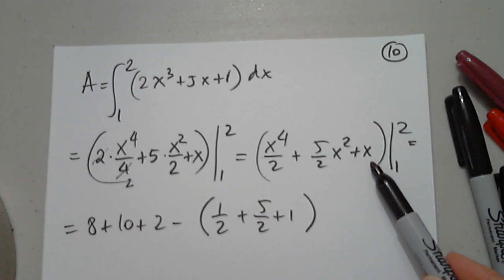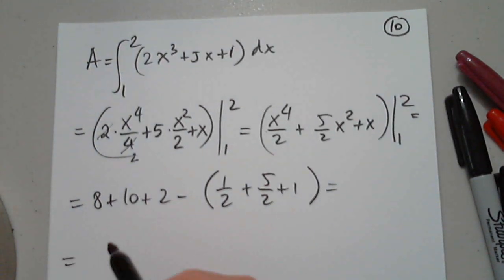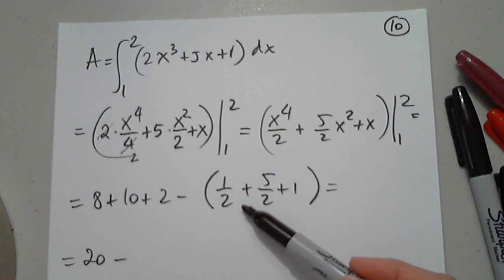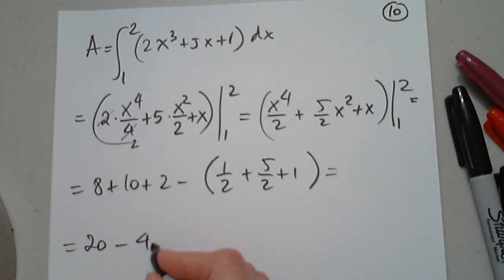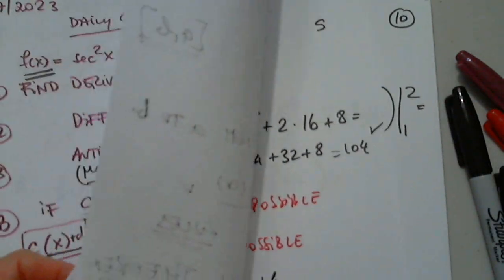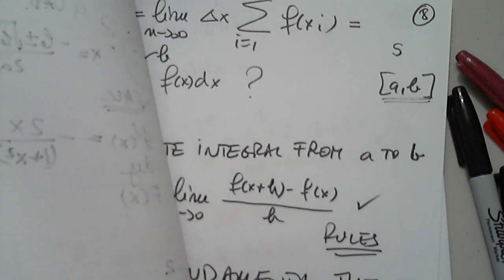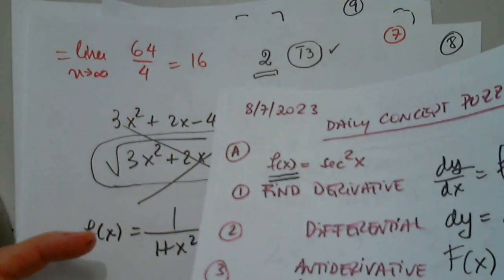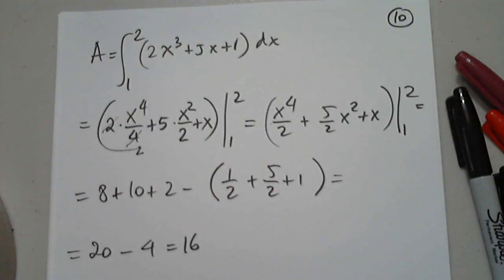Good. Now, this is 20 minus 5/2 plus 1/2 is 6/2, which is 3. 3 plus 1 is 4.